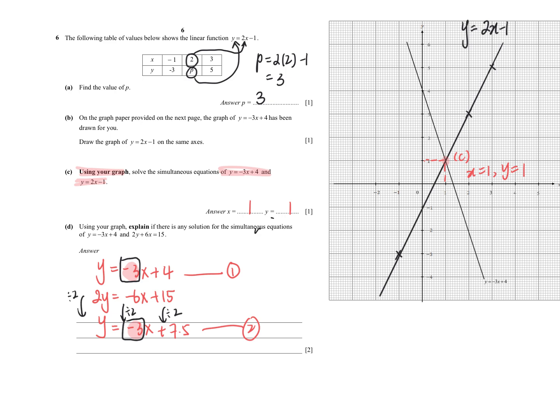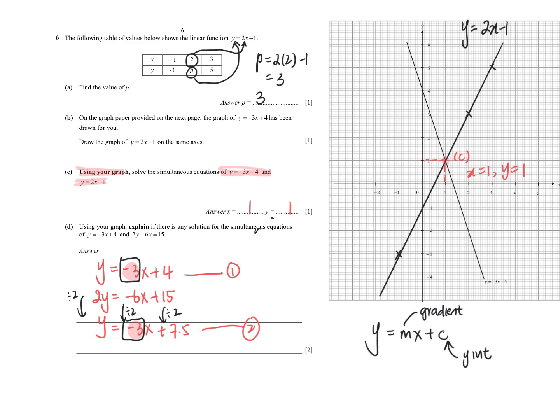Do you all remember y equals mx plus c? m is gradient, c is y-intercept. Okay, listen. When two graphs have the same gradient, what does it tell you?